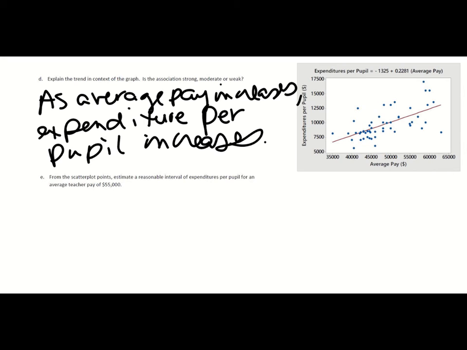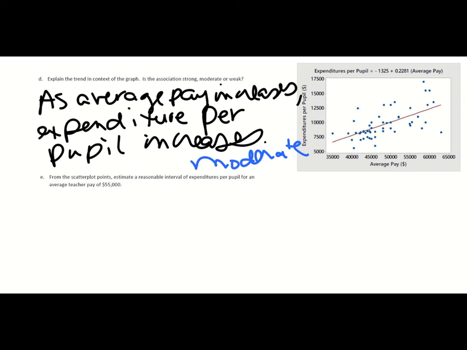From the scatter plot, is it strong, moderate, or weak? On this one, this is still spread out some. I would probably still say this is moderate. It's probably getting to a weak side, but it's still probably moderate for my graph. From the scatter plot, estimate a reasonable expenditure per pupil for a teacher average of 55,000.